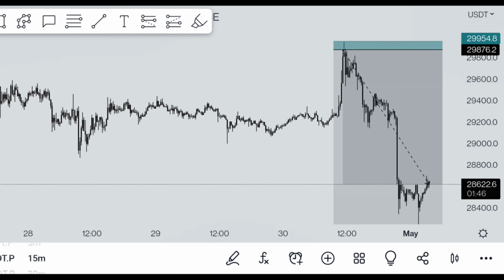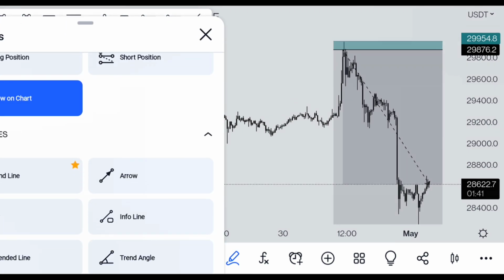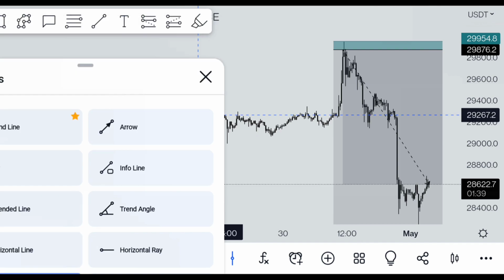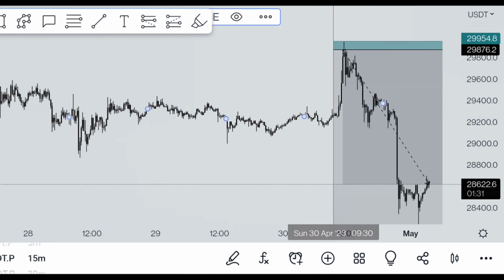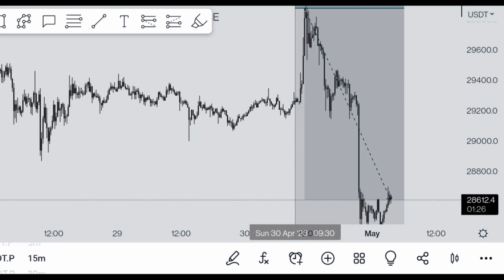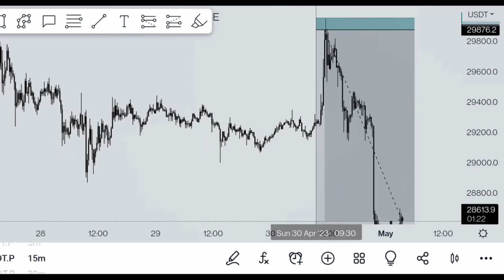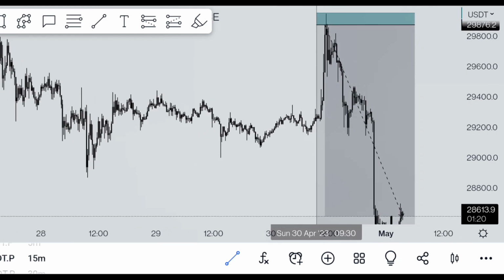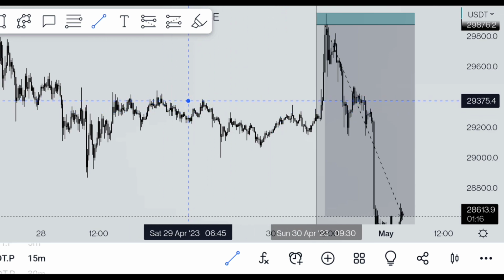In this strategy, what we do is we draw a vertical line at 9:30 New York. So this is your 9:30 New York. Yesterday this was the 9:30 New York. Let me draw it. Then, when we draw it, we wait for any sweep of the liquidity. The liquidity levels are your recent swing highs, like these are your recent swing highs.